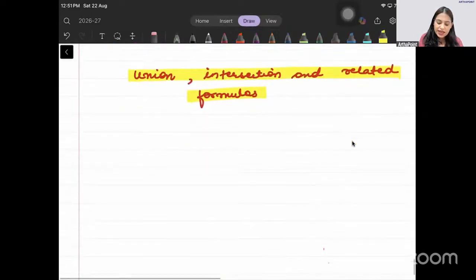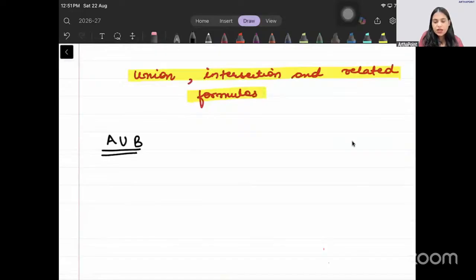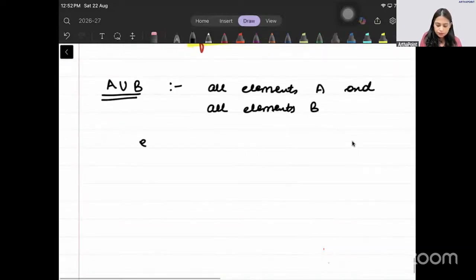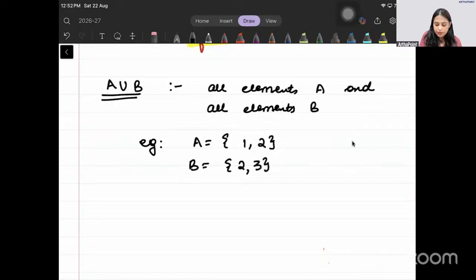A union means I am writing like this: A union B. By union, we mean all elements which belong to A and all elements which belong to B. So for example, if A is 1, 2, B is 2, 3, then A union B will be 1, 2, 3.